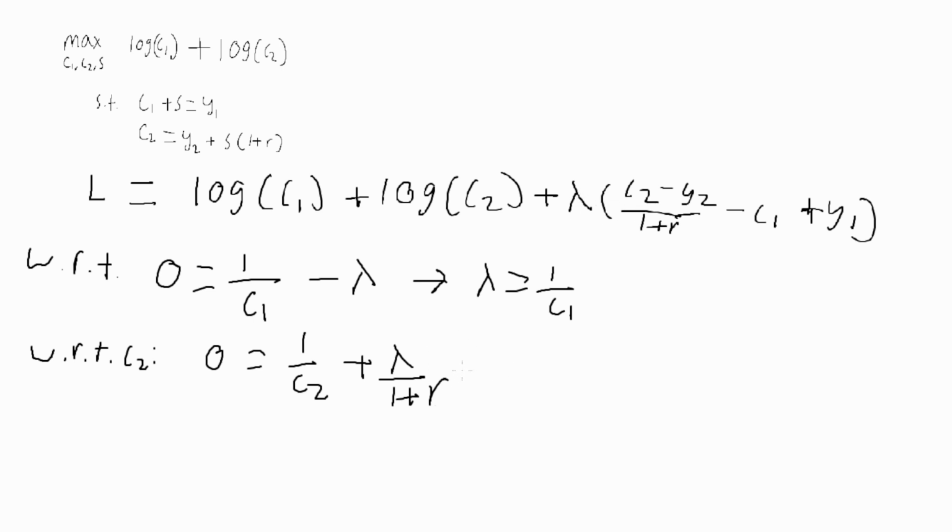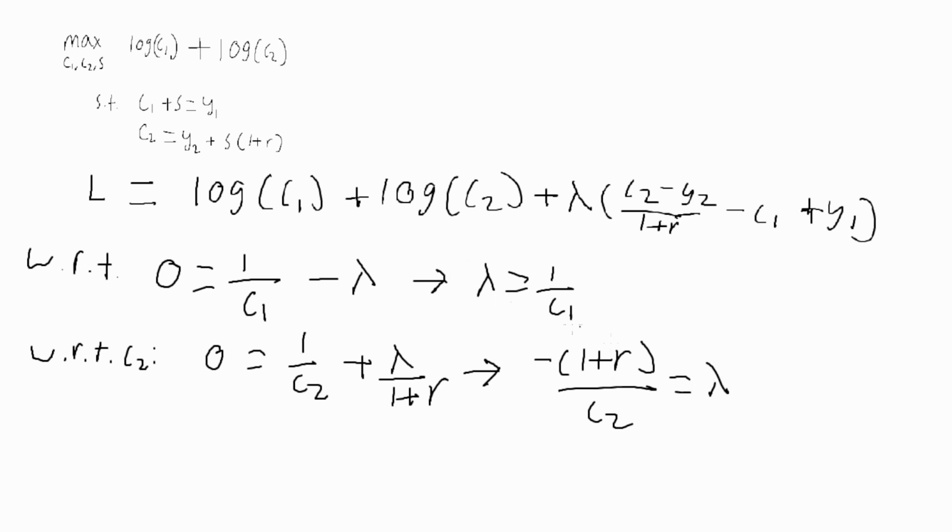Now this, if we rearrange this, it will give us minus 1 plus r over C2 equals to lambda.